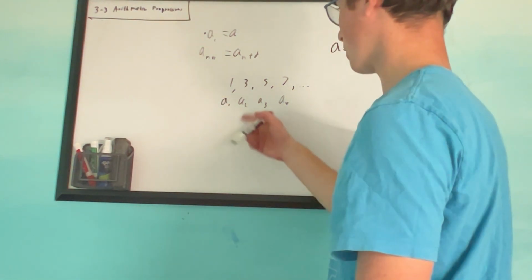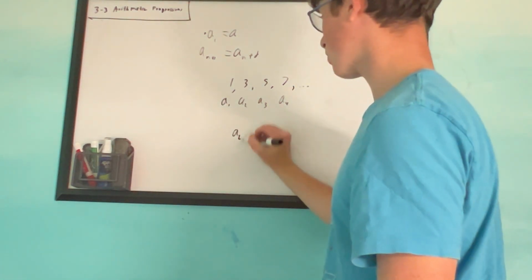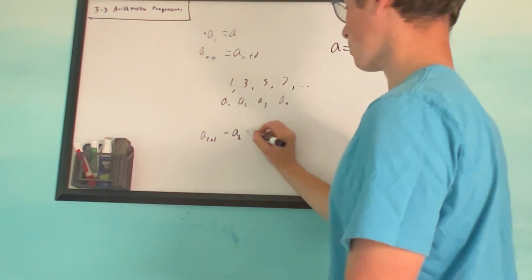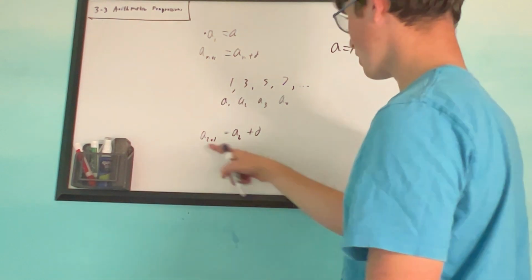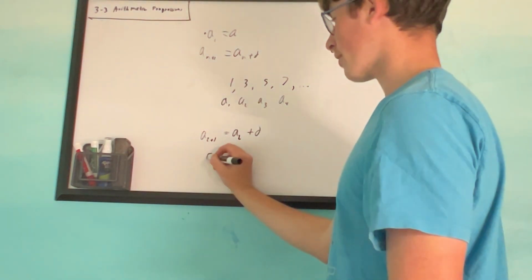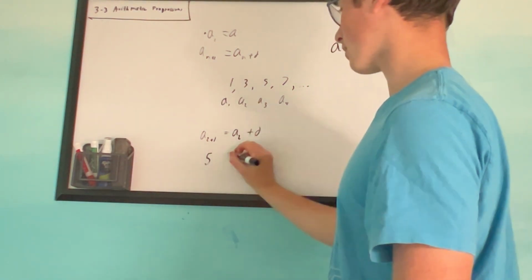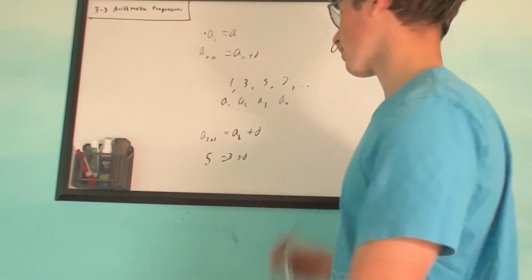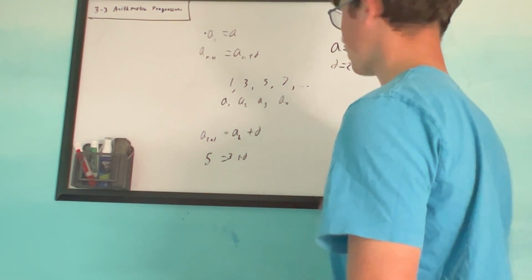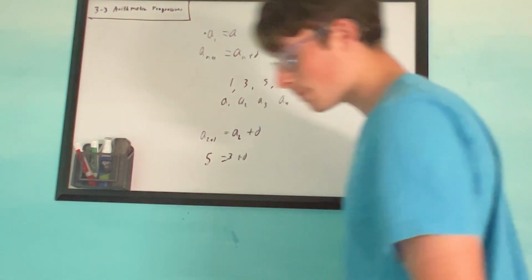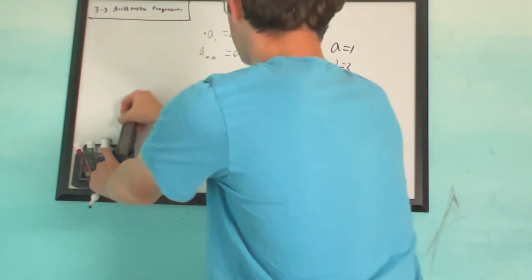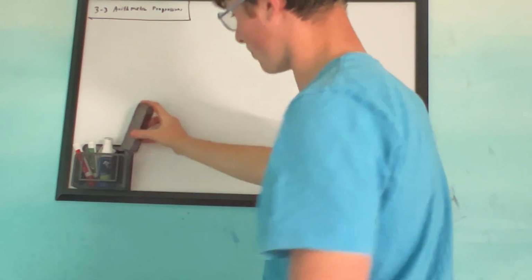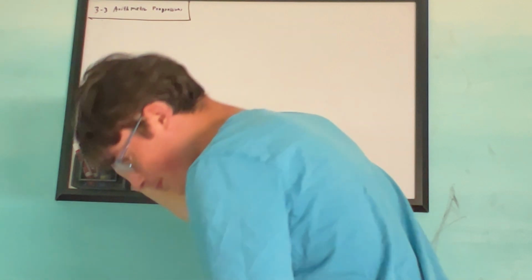So let's try a of 2, which will be equal to a of 2 plus 1, and then plus some constant d. This is equal to a of 3, so that's 5. A of 2 is equal to 3, and since 5 equals 3 plus d, we know d equals 2, and that's all we need to describe an arithmetic progression. It's just the initial value and the common difference.